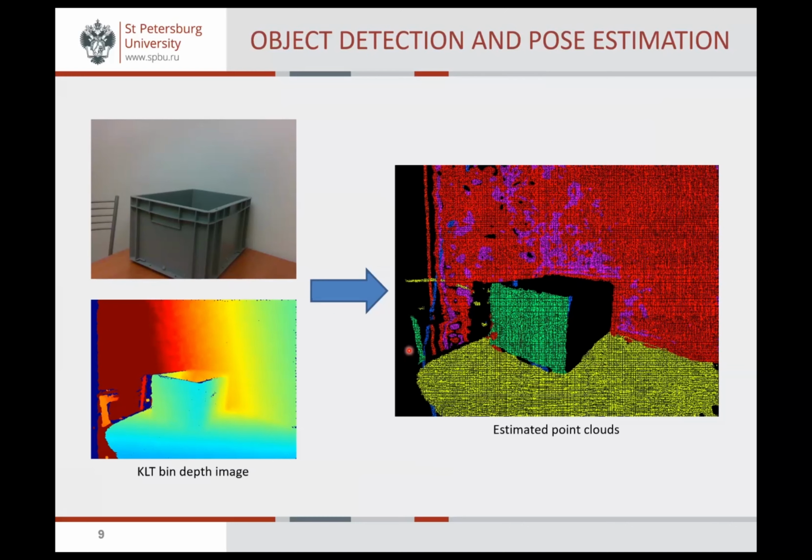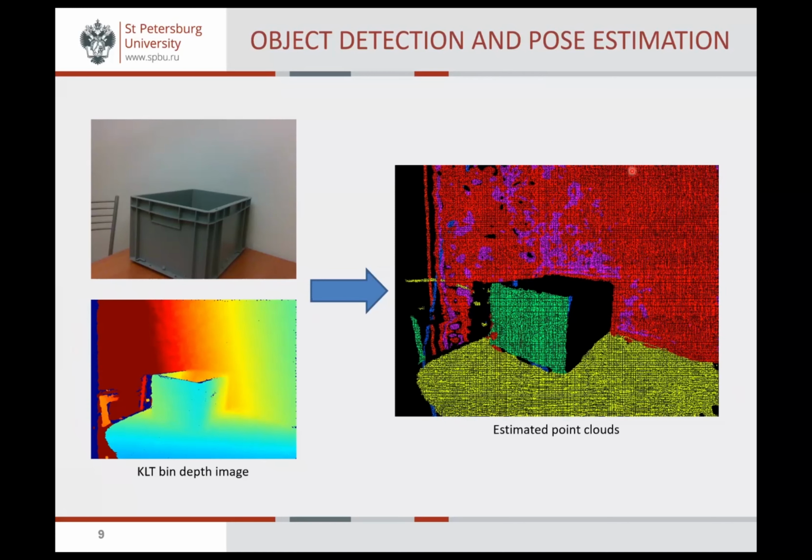Having these bin regions generated by Mask R-CNN, we can continue with the pose estimation. The pose is estimated from the depth image that is provided from the camera. For this depth image, we use a point cloud library to estimate all the planes that are on this depth image.